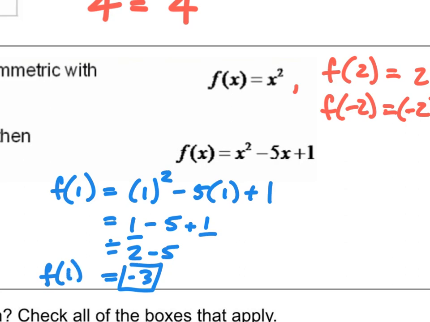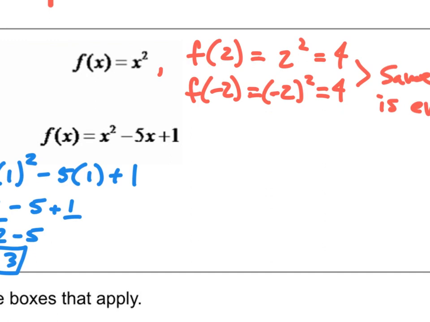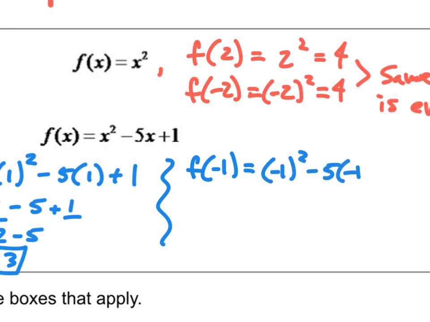Now let's plug in negative 1 and see what we get. f of negative 1 gives me the quantity negative 1 squared minus 5 times negative 1, and then plus 1. Negative 1 squared is positive 1. Negative 5 times negative 1 is positive 5, and then plus 1. 1 plus 5 plus 1 gives me 7.